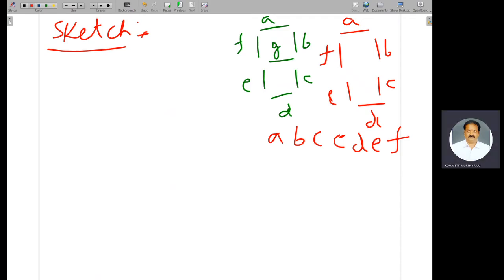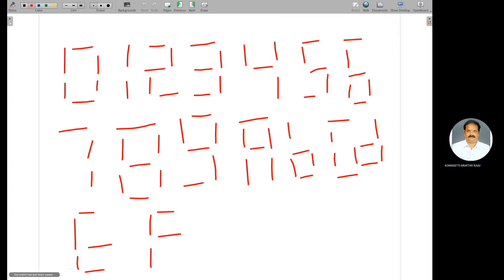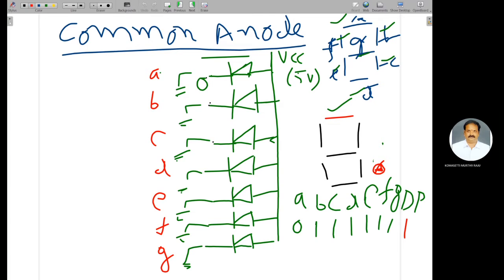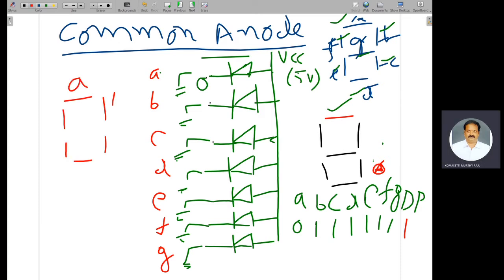For a segment to be on, as previously mentioned, A, B, C, D, E, F are connected to ground. Here this one is 0 for 0. A segment LED must be forward biased.